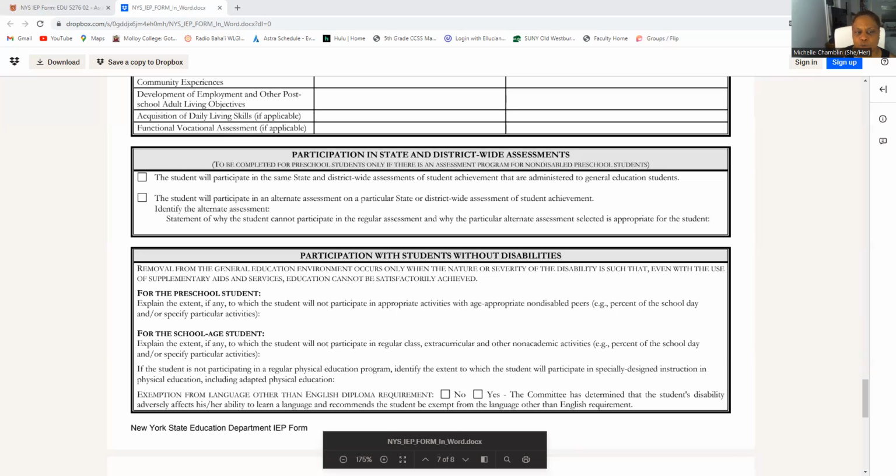So when we look at social development, we have some information about the student's strengths, and the student's needs. And here for physical development, the student has occupational therapy.